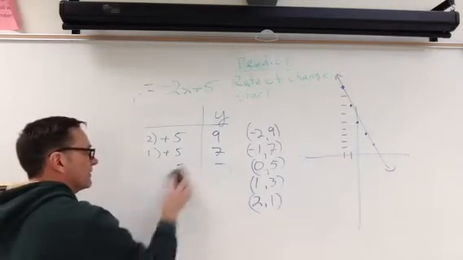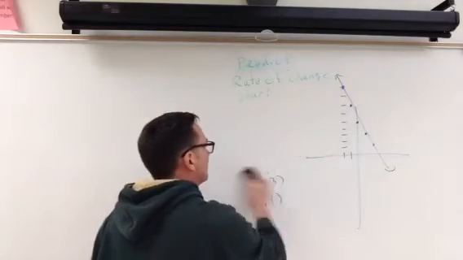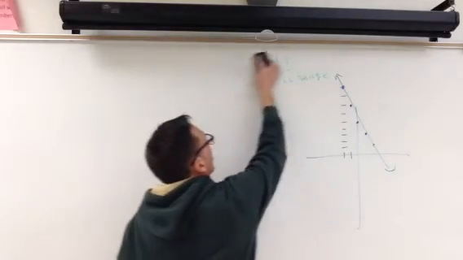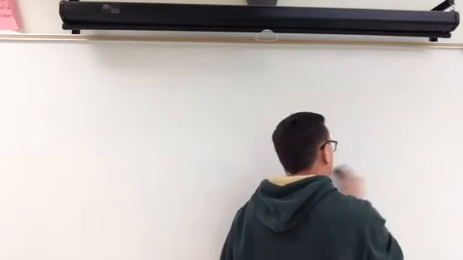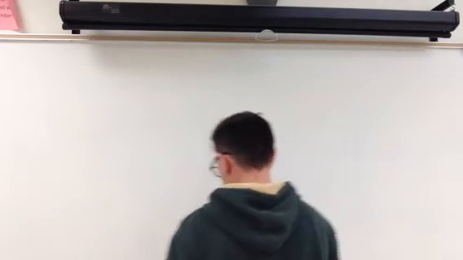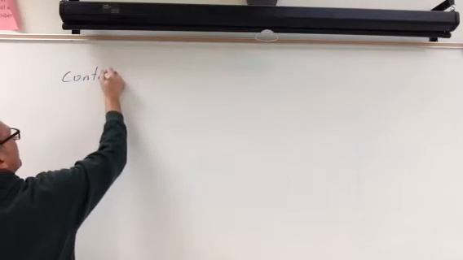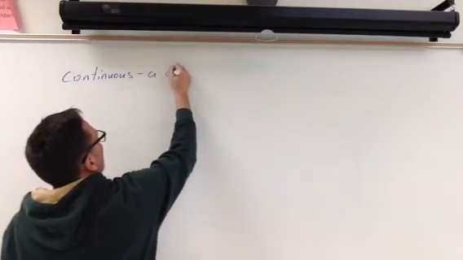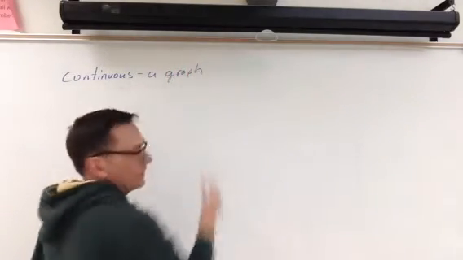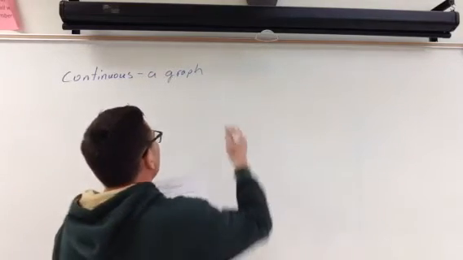The second part of this lesson is talking about whether a graph is continuous or discrete. Continuous. A continuous graph, I think I put it on your papers, is not broken.